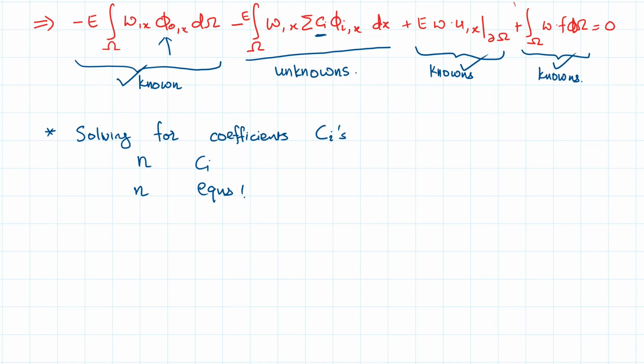So now we know we will need n equations to solve for the coefficients in our approximation to the displacement function. To do that, we will need an appropriate definition for our weight functions. So we'll need n such weight functions in order to get n equations representing the weak form.